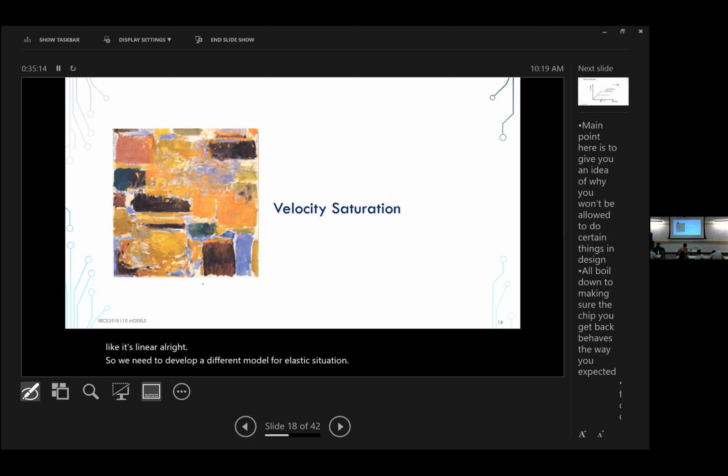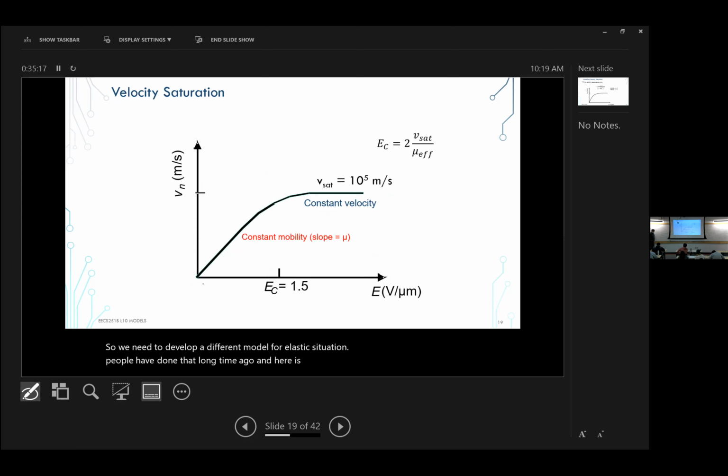People have done that a long time ago, and here is how it goes. The reason for these curves looking very different in short channel devices is the velocity saturation. It simply means that the velocity of electrons that we have assumed in the derivation that we have done previously, that velocity is equal to mu times E, holds only in a limited region.